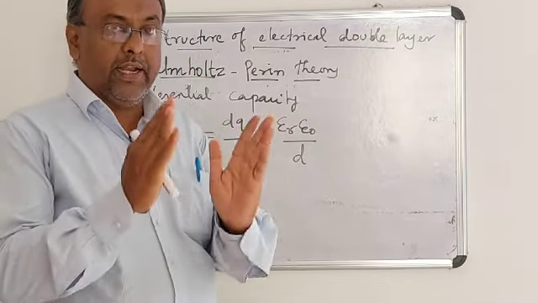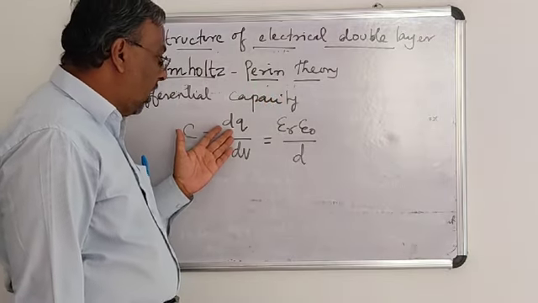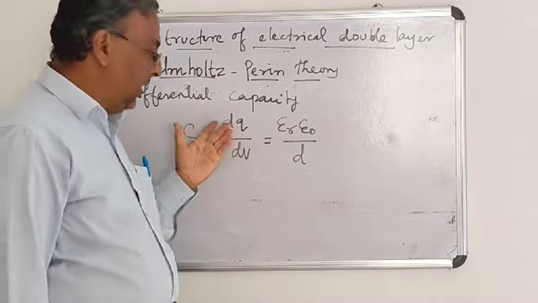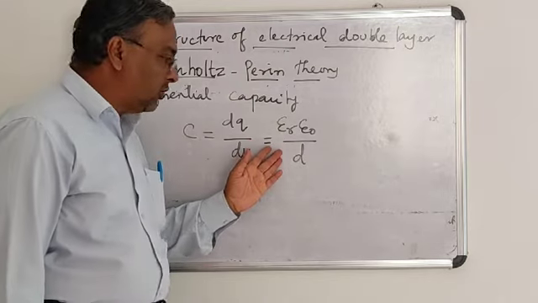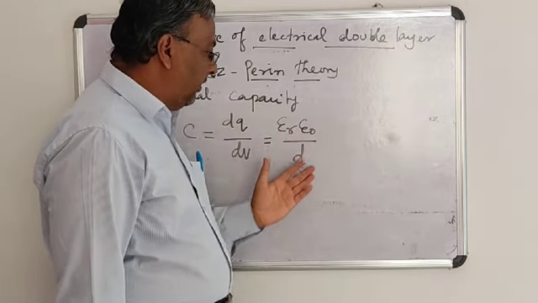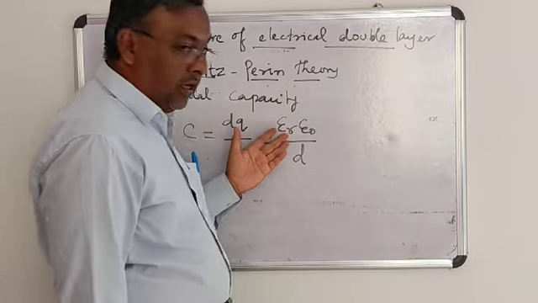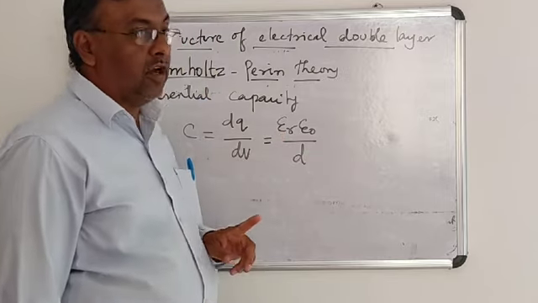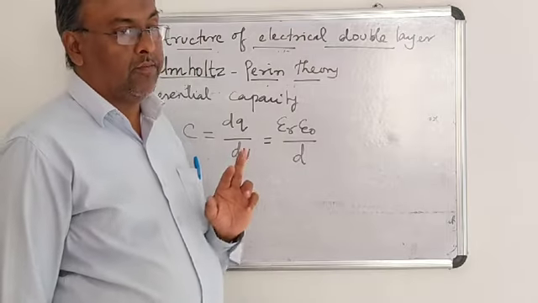That is, when the metal and electrolyte act as a capacitor, the change in charge density with respect to the potential drop will be equal to epsilon r into epsilon 0 divided by d. That is, epsilon r is constant and d is also constant. This is the relative permittivity of this space.